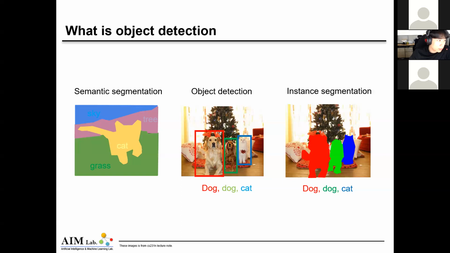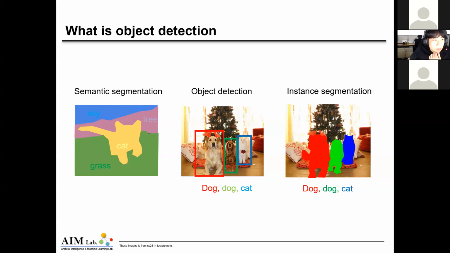As you can see in the middle of the image, boxes cover each object, and each box classifies which class the object belongs to. So the red box means the dog, the green one also means the dog, and the blue one is the cat.